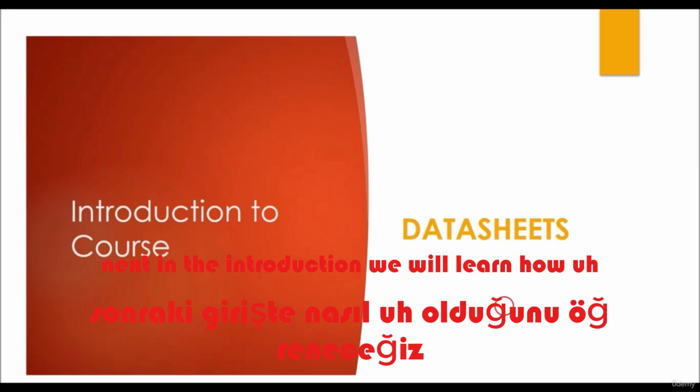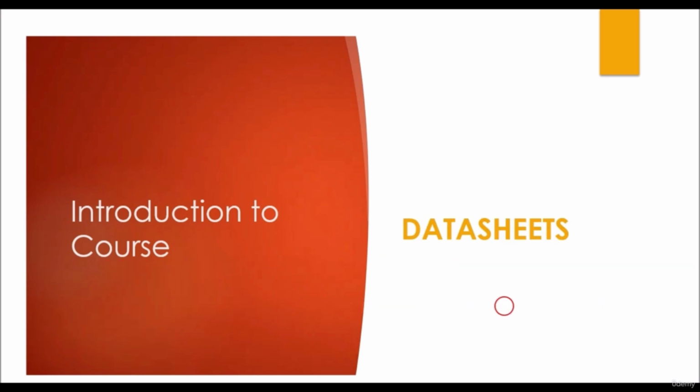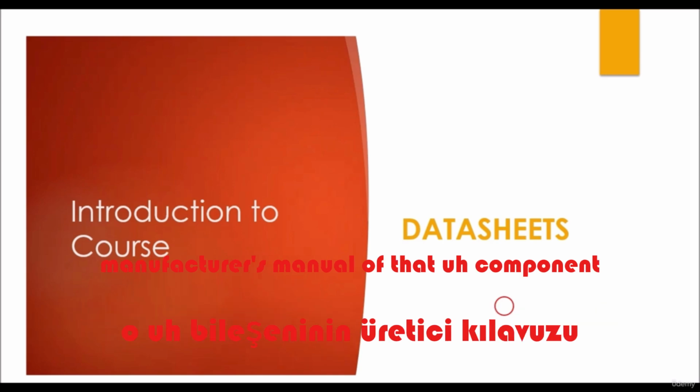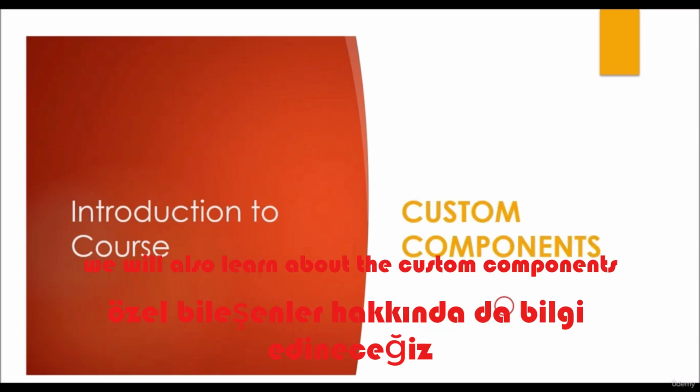Next, in the introduction, we will learn how the data sheets of any components work, and how we can get the suitable information from the manufacturer's manual of that component. We will also learn about the custom components.